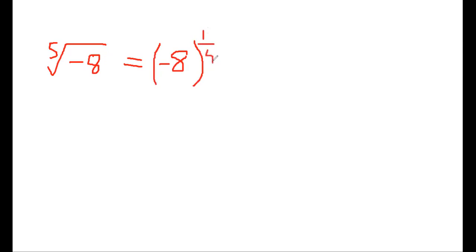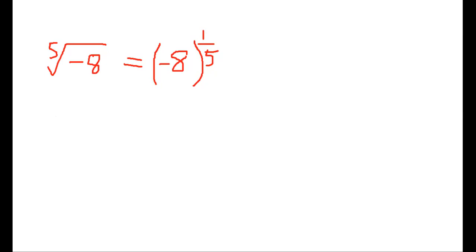It means when we convert the radical form into exponential form, the exponent must be a fraction, and the index of the radical will be in the denominator. Here the power of the radicand is 1, so the 1 is in the numerator.